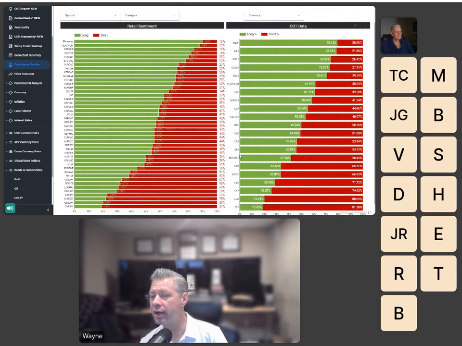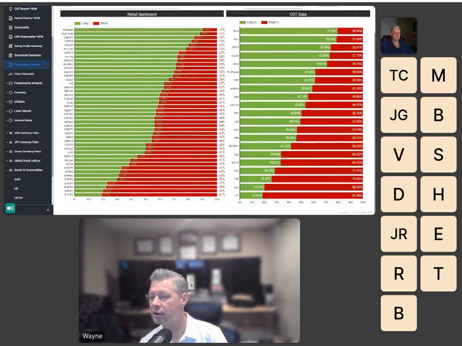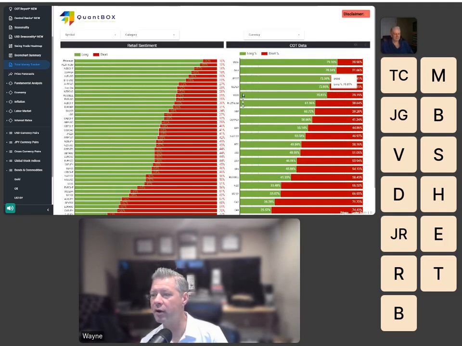Anywho, interesting. Okay. Still very short yen, still very long the Japanese stock market. I think that's come to an end as well.